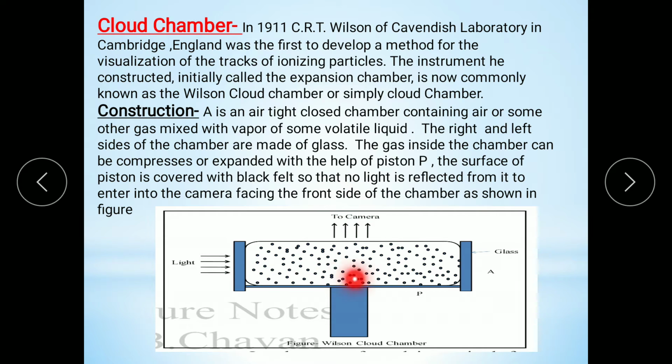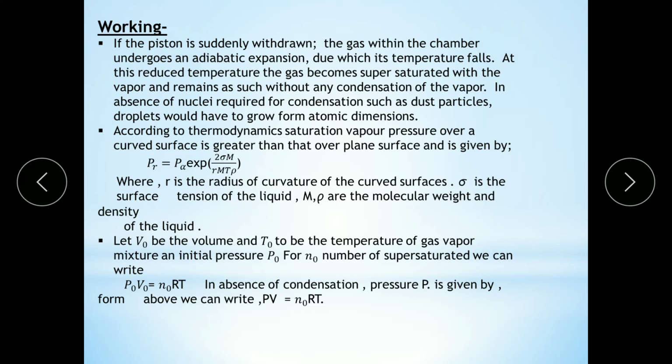Now the piston side is covered with black velvet because light is entering from this side. If the black velvet is not there, then maybe there is a possibility of light being reflected from this side also. To overcome this probability of reflection of light, we placed the piston with black velvet here. Okay.